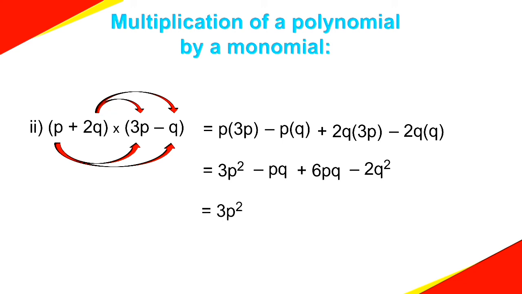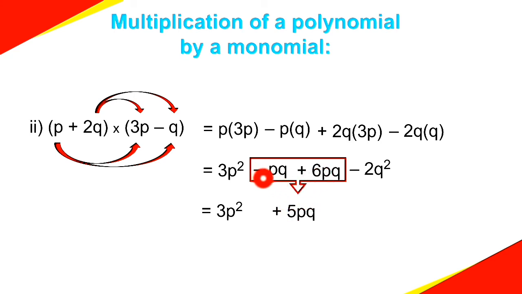The next one, 3p square, we can add as it is. Here we can see minus pq plus 6pq. The variables are the same, meaning like terms. So what can we get? Plus 5pq.